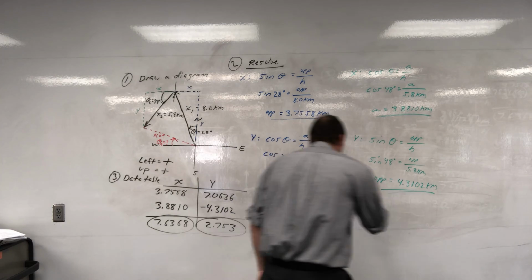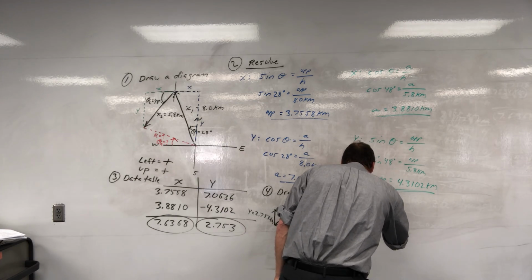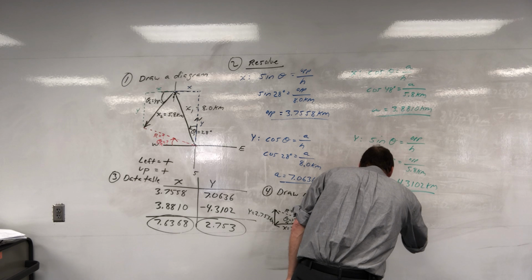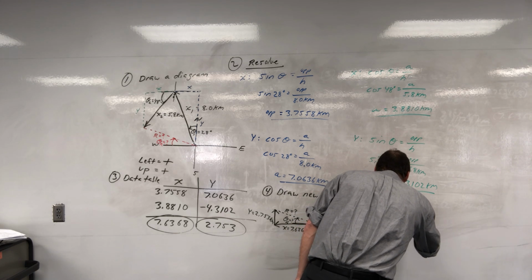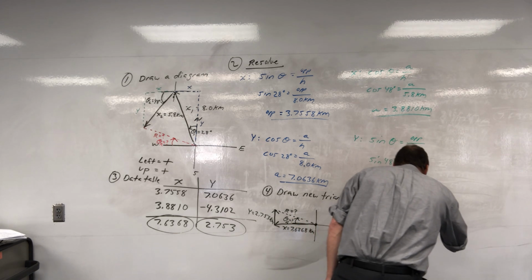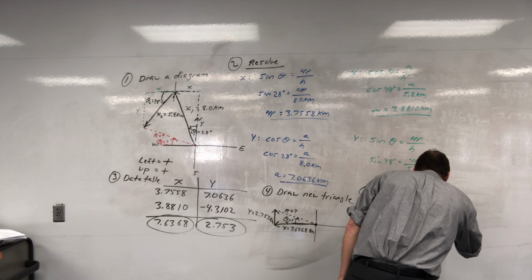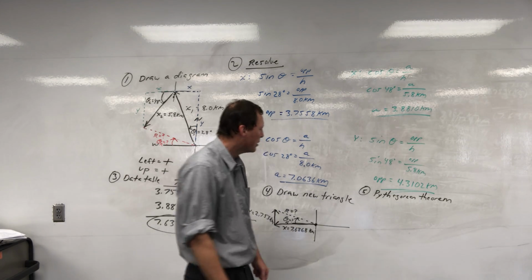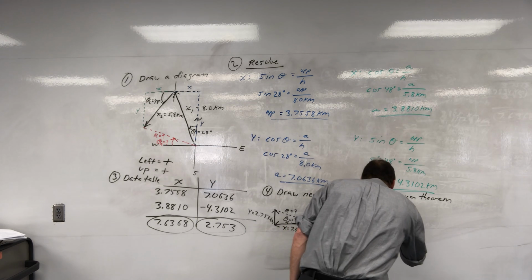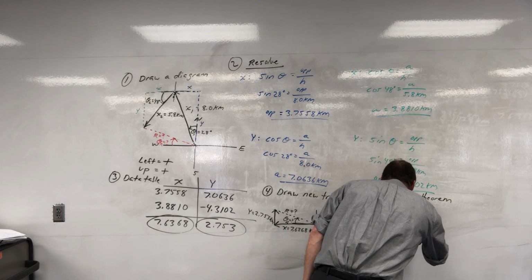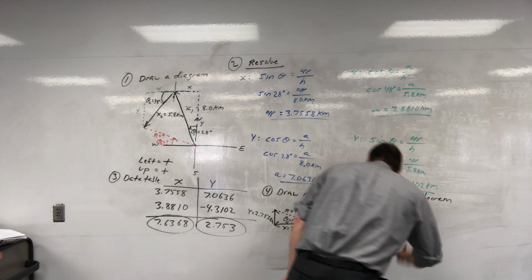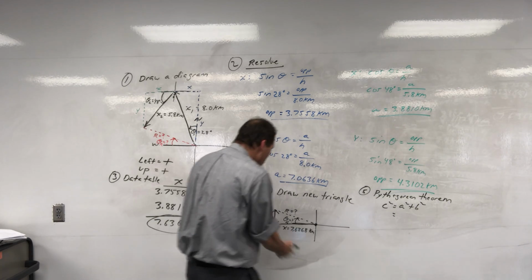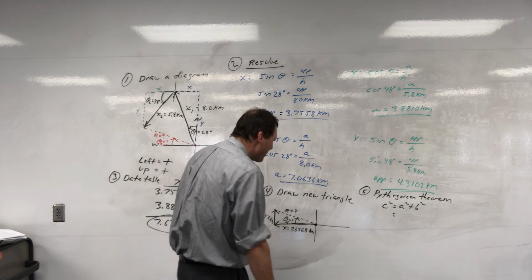That's going to be step 5, Pythagorean theorem. So c squared equals a squared plus b squared. And these are both legs. Doesn't matter which one I make a and which one I make b. Remember, I'm looking for c.